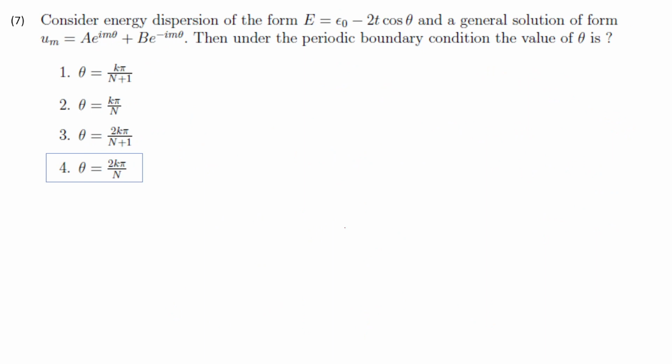Here we are given a general form of u_m, the general solution, for a dispersion relation. This tells you that it is a quadratic dispersion relation, which tells you that the lattice is uniformly spaced, so the lattice is something like this.